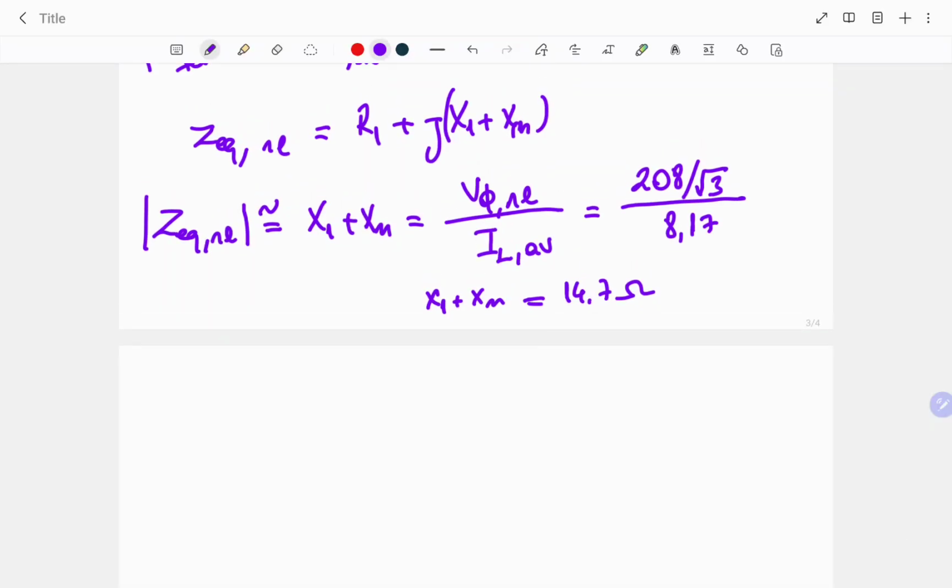Then the last test results should be examined. From the blocked-rotor test, first of all, we can calculate the average line current.